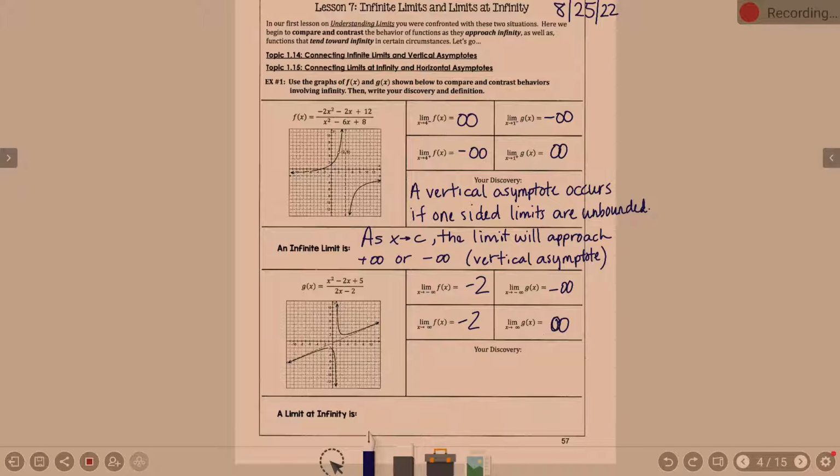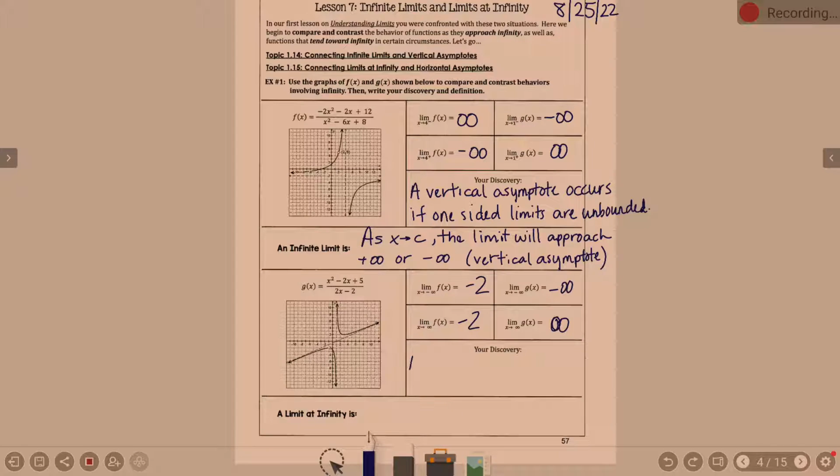So the idea here is that these were all as x approached positive or negative infinity, and as x approaches positive or negative infinity, we are looking at the horizontal asymptote. The limit will approach a y value or will be unbounded. Either way, it's a horizontal type asymptote. A slant asymptote falls into the category of horizontal asymptotes.